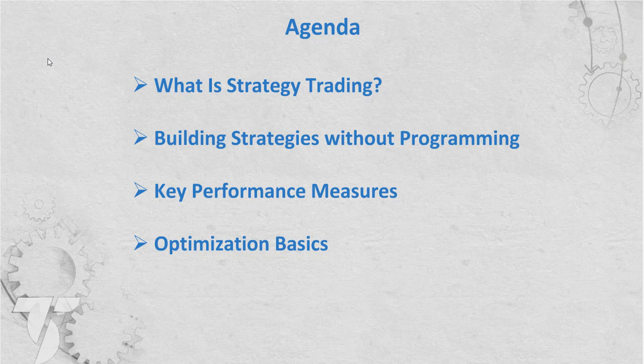There's lots of performance measures in the strategy performance report, but there's only maybe a dozen of them that we really need to focus on initially when we're testing an idea. And I'll also show you a little bit about how optimization works and how you can go through many different scenarios in TradeStation to find the optimal set of parameters to trade.